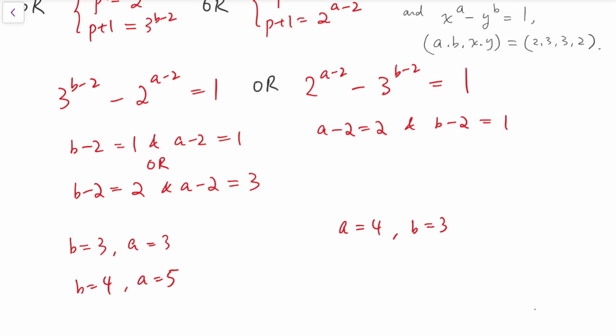Then we can solve for c case by case. For the case when both a and b are equal to 3, then we have c squared equal to 8 times 27 plus 9, and that's 225, so c equals 15. When b equals 4 and a equals 5, then 2 to the power 5 times 3 to the power 4 plus 9 is equal to 32 times 81 plus 9, and that's 2601.